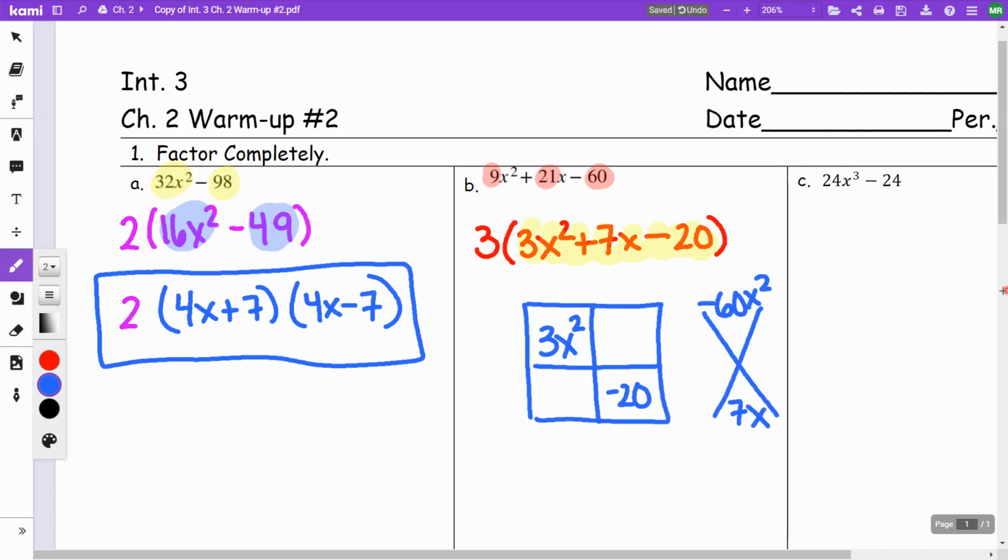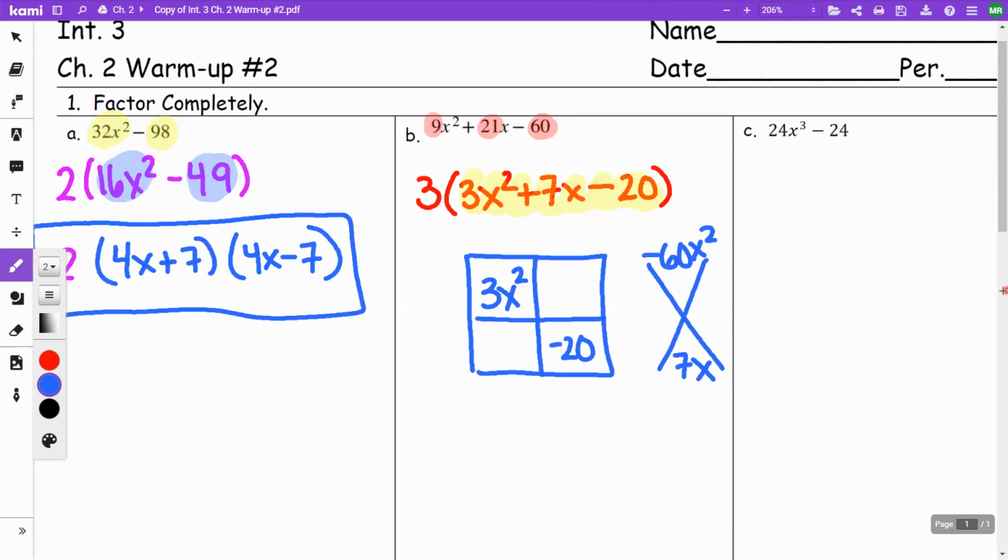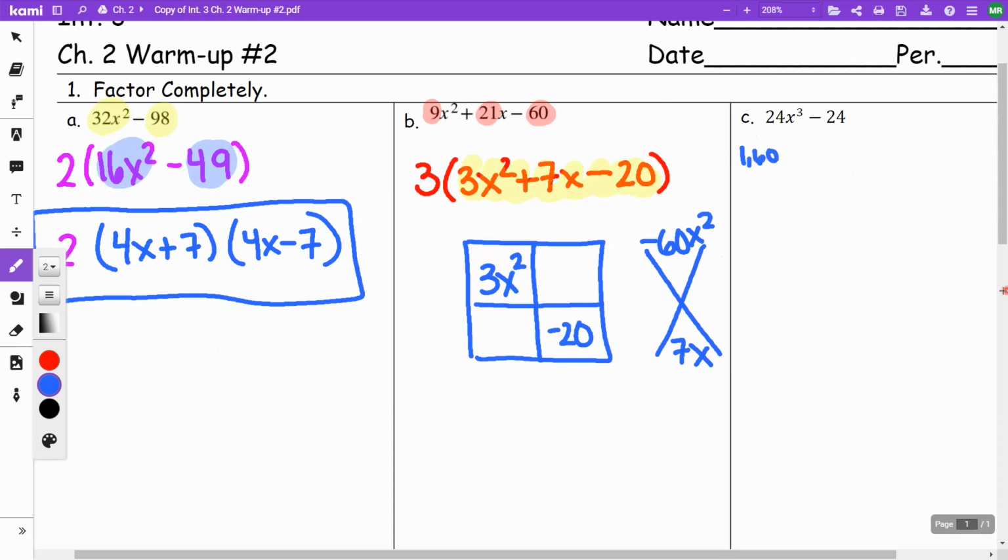So when I'm trying to think about things that multiply to 60 and add to 7, I can list things that multiply to 60: 1 and 60, 2 and 30, 4 and 15, 5 and 12. Okay, so that looks like that's going to be giving me a 7. So I'm going to have a positive 12x and a negative 5x.